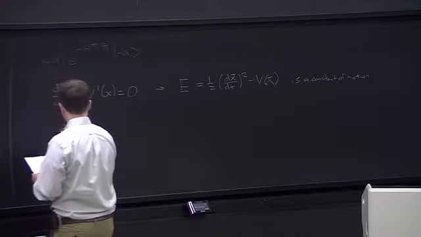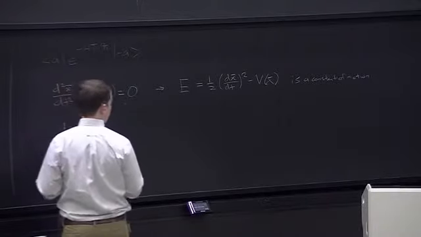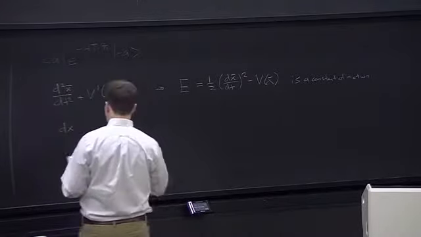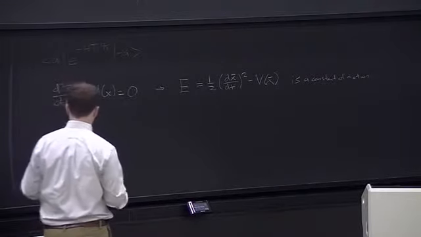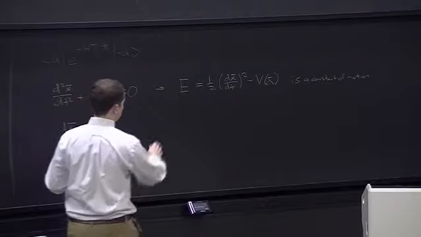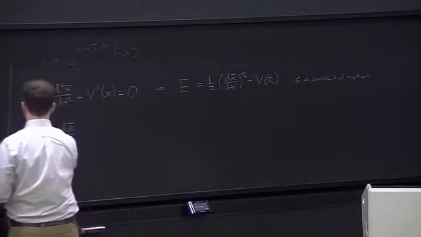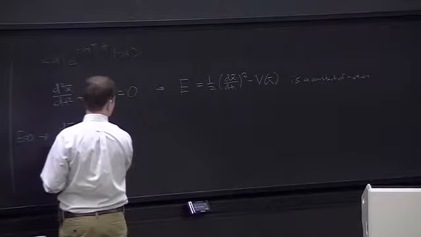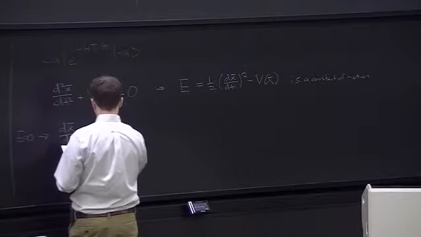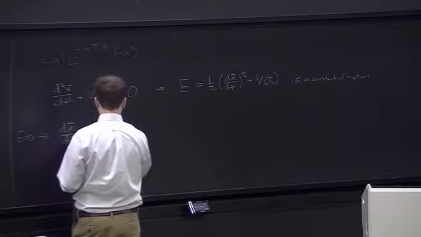And so if there's a zero energy solution, then we only have to solve a first order equation instead of a second order equation. We set E equal to 0, which tells us that dx/dt is root 2V of x.